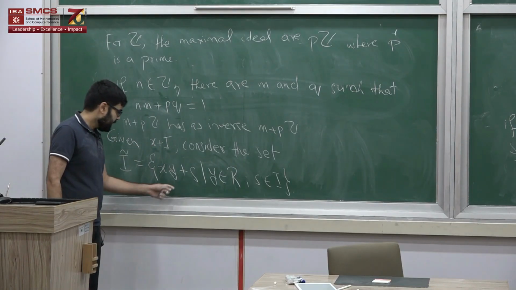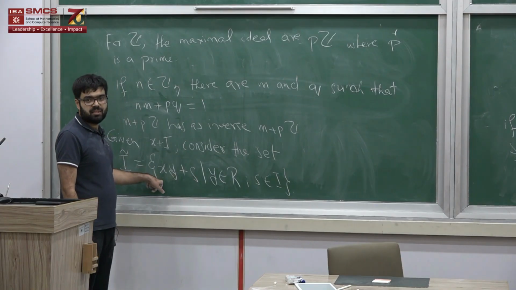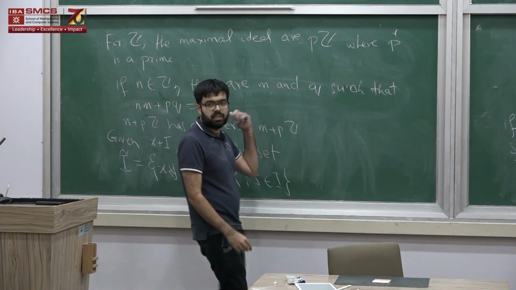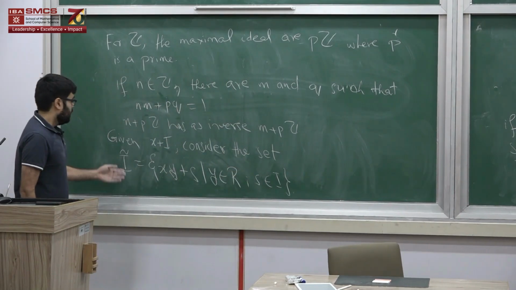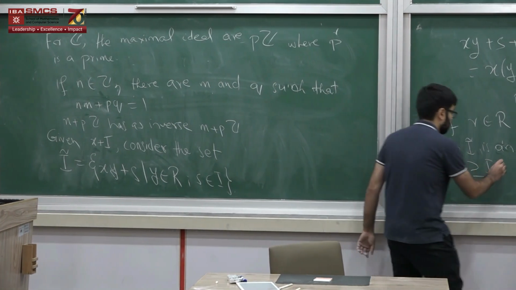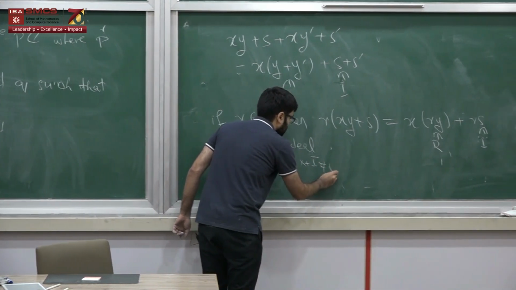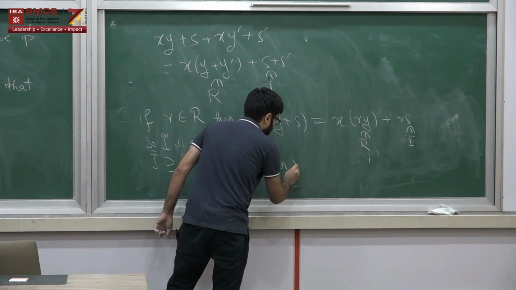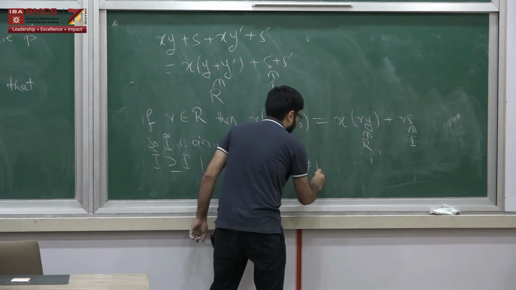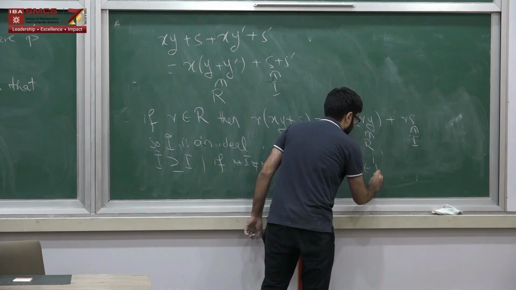And I can set y to be 1, s to be 0. So x is in I tilde, but x is not in I. So if x plus I is not equal to 0, then x is not in I, but x is in I tilde.